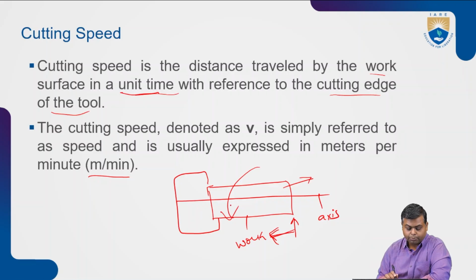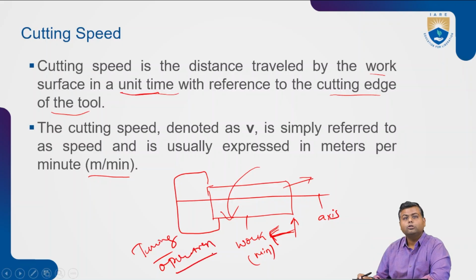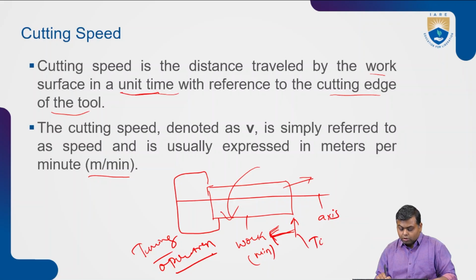It is expressed in meters per minute. So how much distance it moves per minute in a turning operation defines the cutting speed. Cutting speed is the distance traveled by the work surface in unit time with reference to the cutting edge of the tool. This is the tool and this is its edge. How fast it moves along the work surface determines the cutting speed.